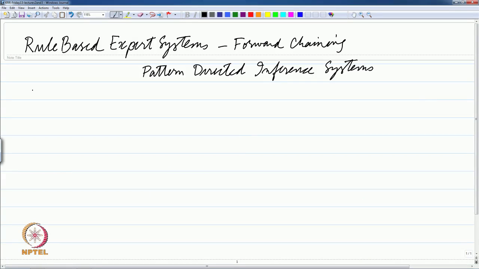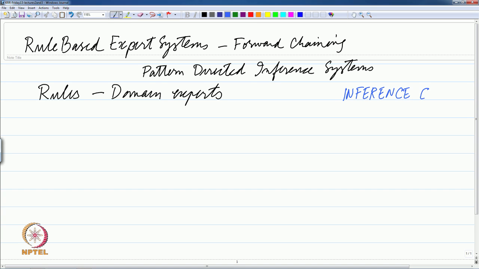So, as I said in the last class, the rules are given by domain experts, and your task is to build an inference engine which does the match, resolve and execute cycle.